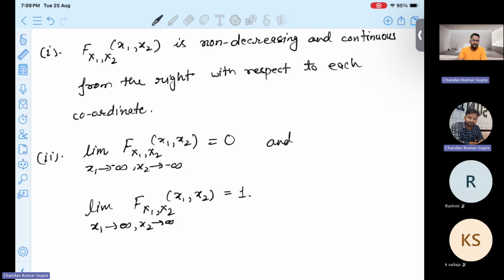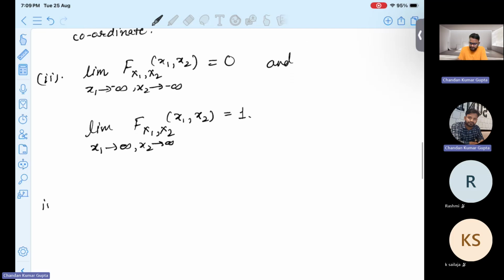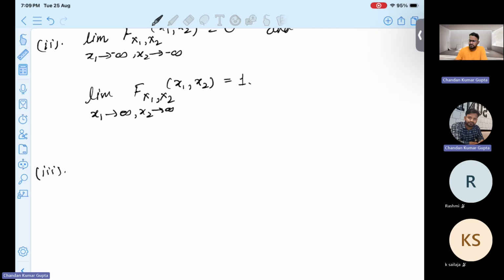So these are two properties, and besides this, there is one more property actually. Let me draw; suppose this is the x-axis, this is the y-axis.